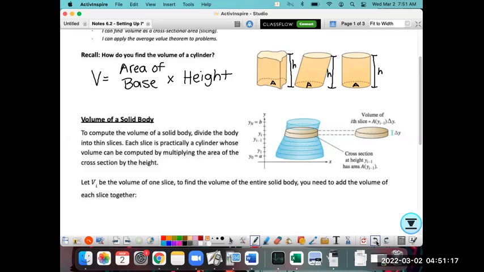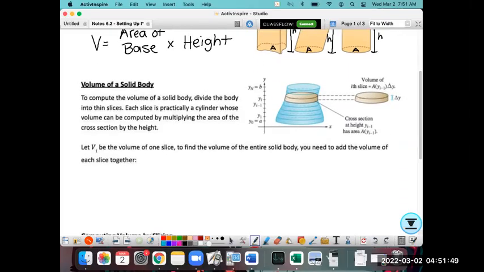I can find the area of that base, which is a circle, and then multiply by that tiny little slice's height. And the goal is to get these slices to be as tiny as possible. That way, when I calculate the volume, I'm getting as close of an estimate as possible and not overshooting too much or undershooting too much.